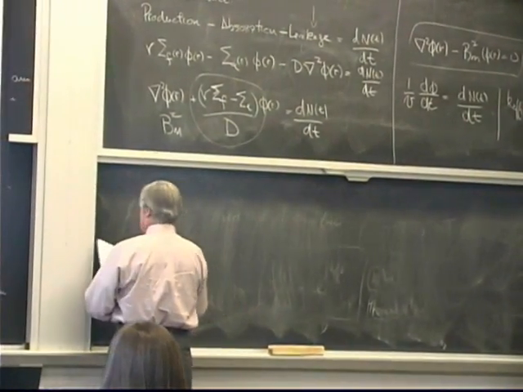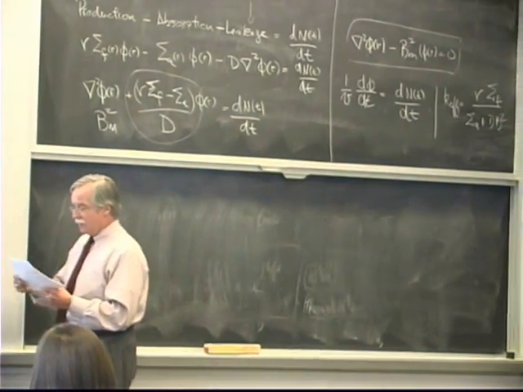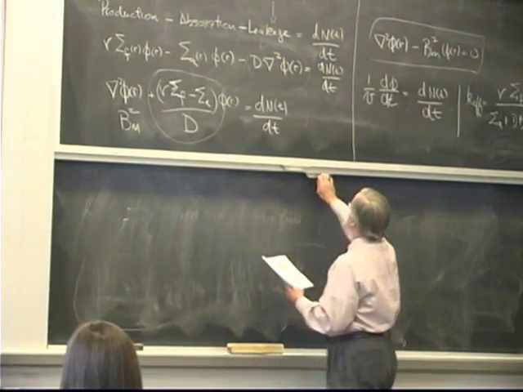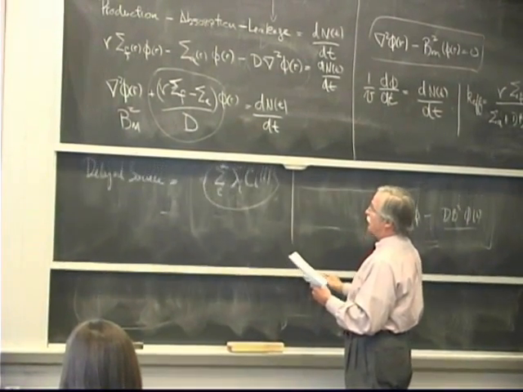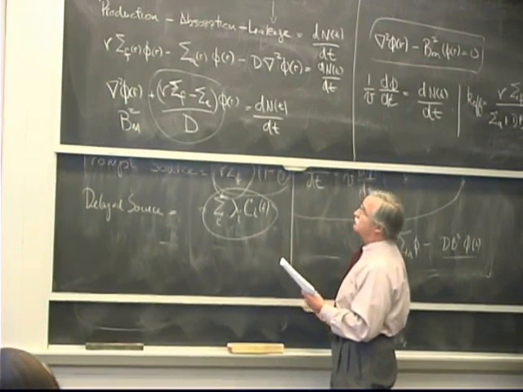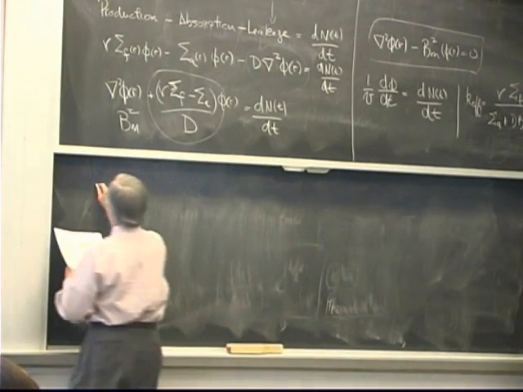The point kinetics equations basically take the equations that we just wrote here and put them in terms of rho and beta. Let me just write them down here.